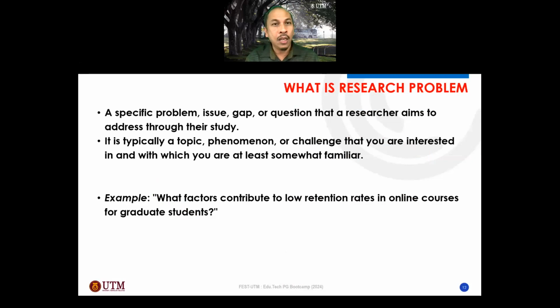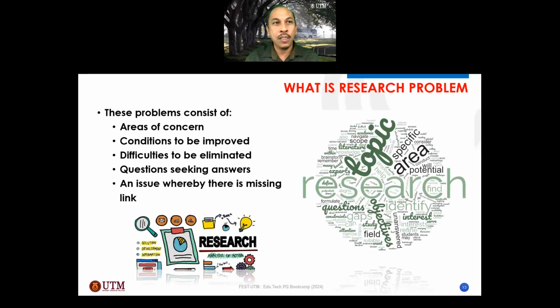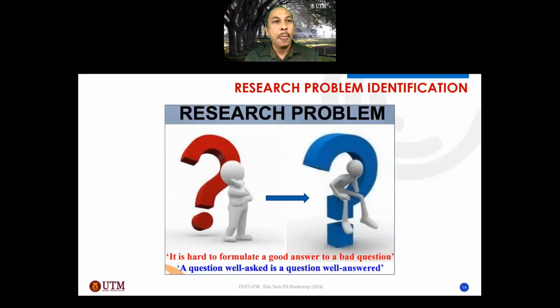Okay, now I have to specify. It's hard to formulate a good answer to a bad question. A question well asked is a question well answered. So let's talk about the importance of asking the right research question.